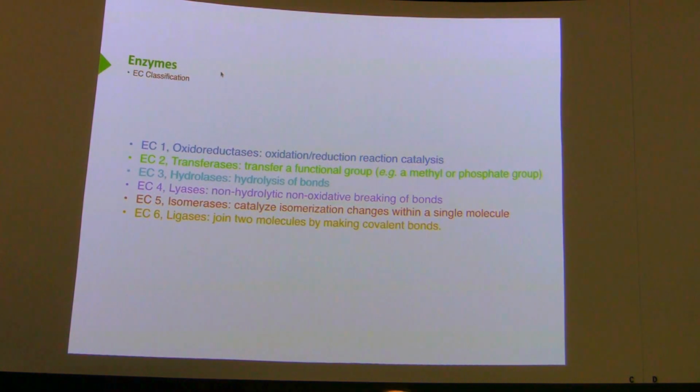It might be in a subcategory that has to do with sugar metabolism or something, in which case it would be 1.1. And that sugar metabolism might be broken into, let's say, glucose metabolism, which might be 1.1.1, et cetera. So an enzyme is systematically described by the EC system by a series of digits that ultimately, at the very top level, are the 6 categories that you see here.